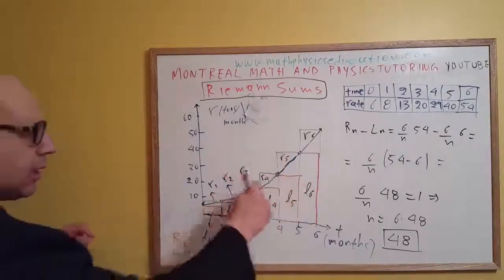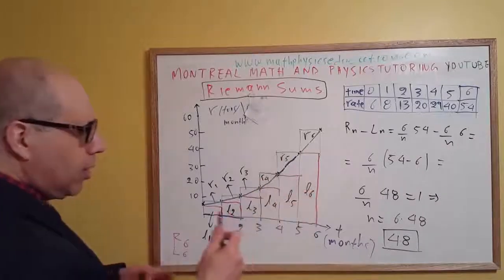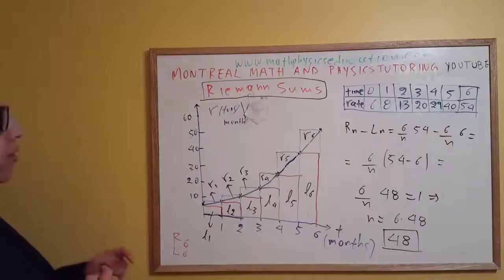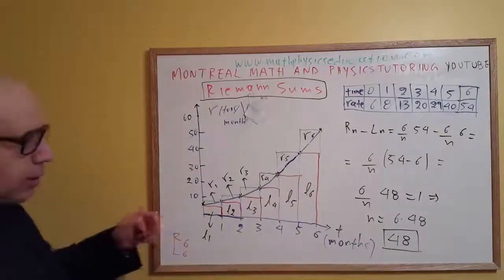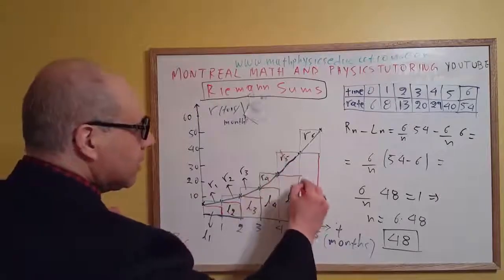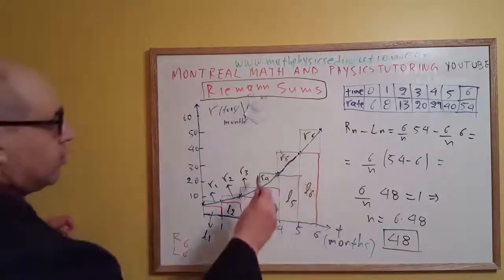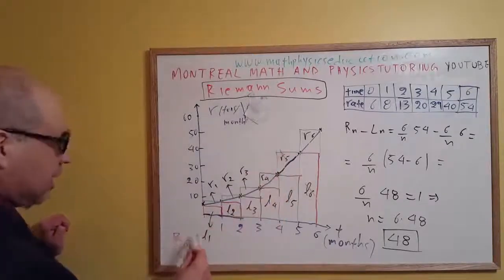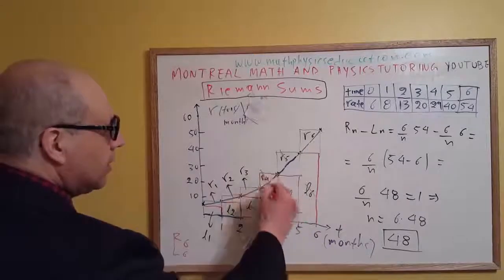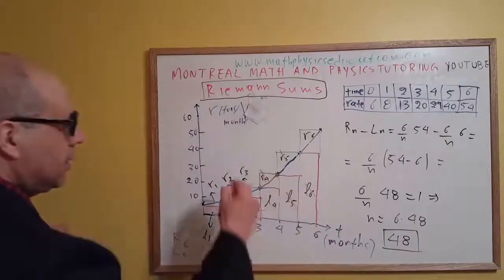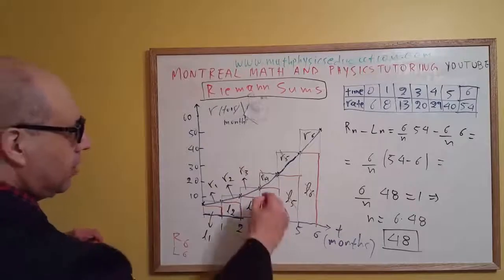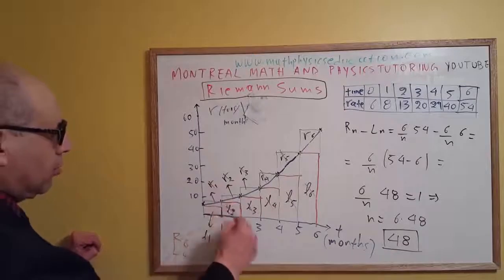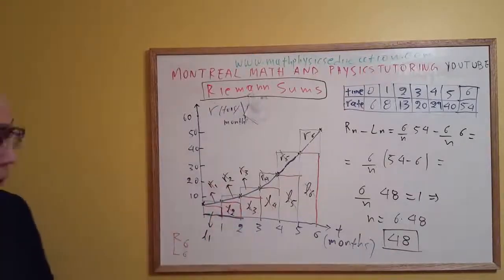But you see that this R5 is actually equal to L6 of the left-hand points. So this will cancel this here, and then R4 of the capital R6 will cancel with L5, R3 with L4, R2 with L3, and R1 with L2.